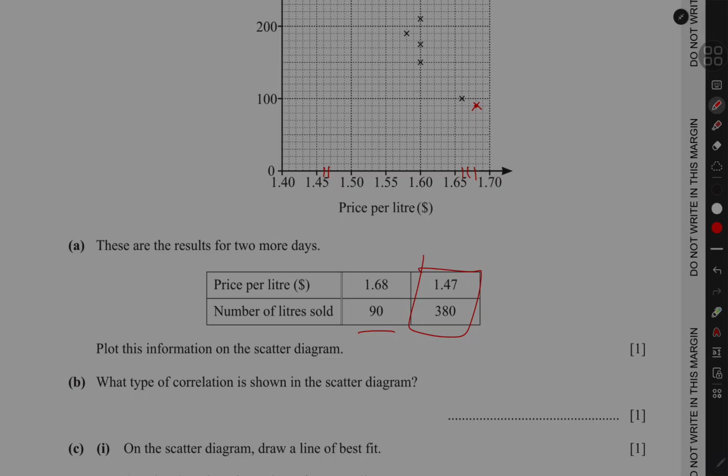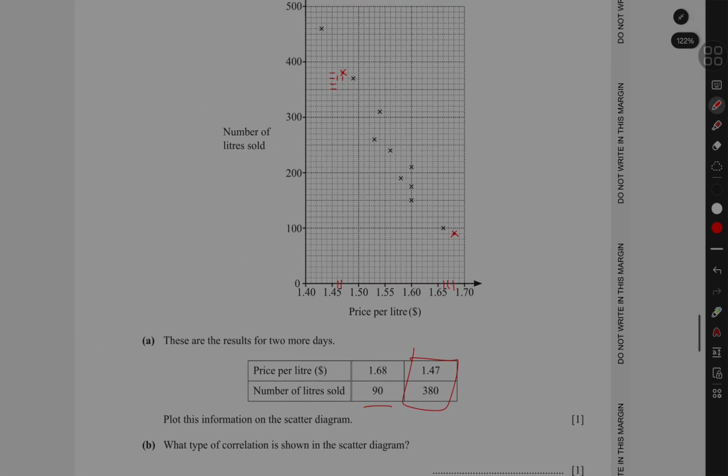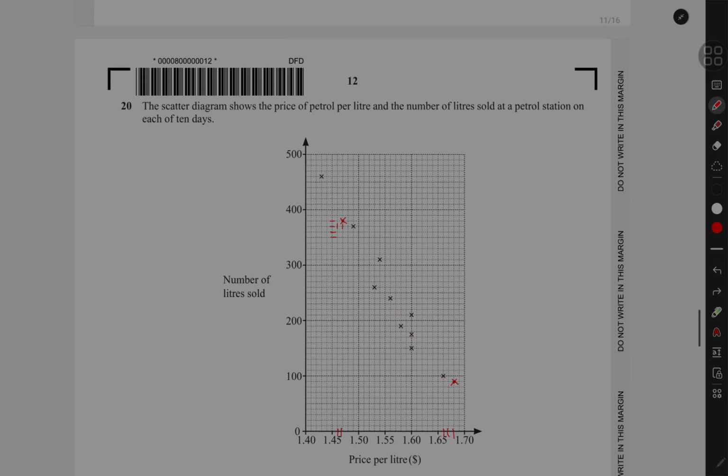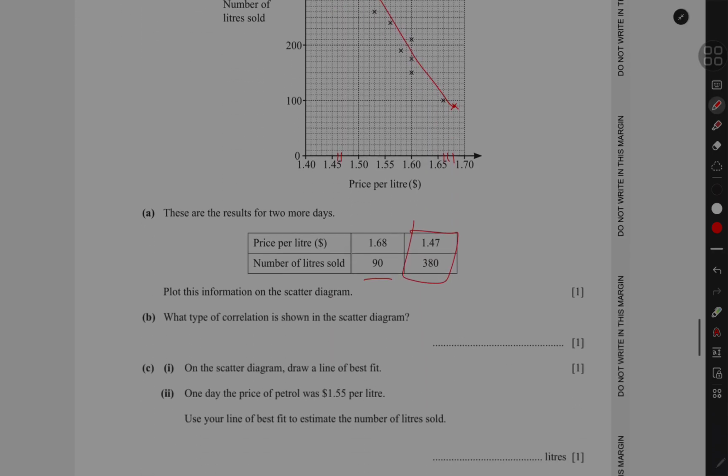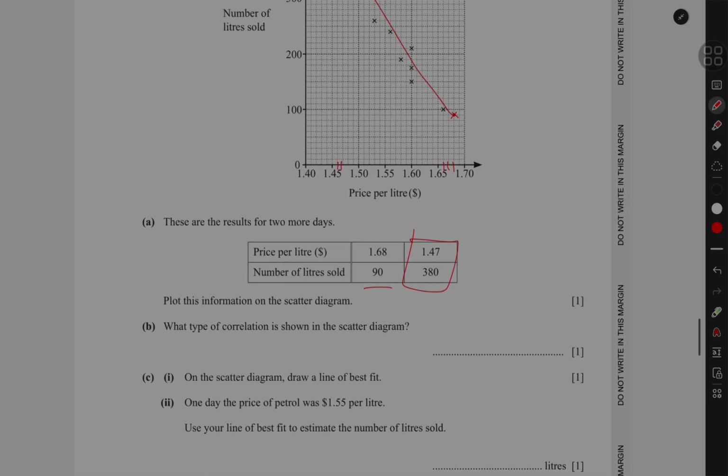What type of correlation is shown in the scatter diagram? I can see a correlation like this. So this is called a negative correlation.